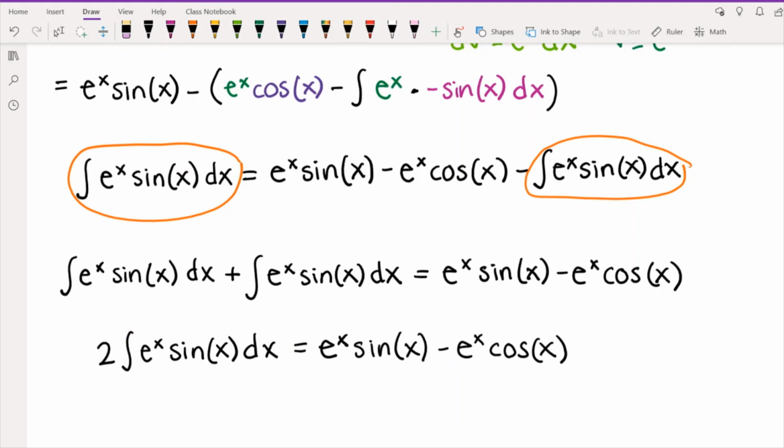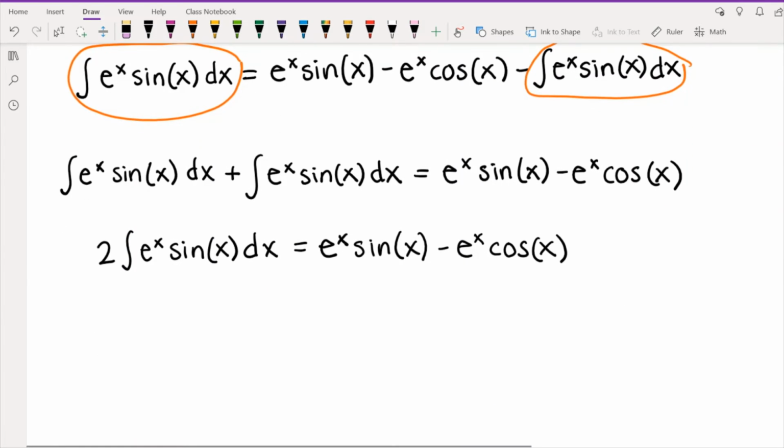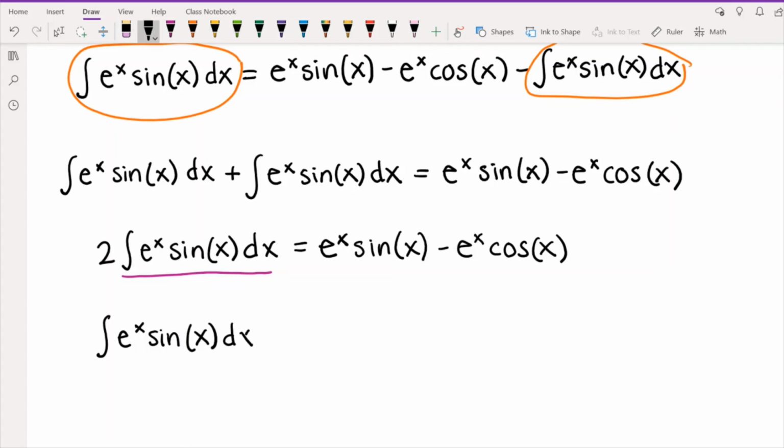So if we just divide both sides by 2, that will allow us to isolate the part that we're actually looking for. So if we divide both sides by 2, we end up with the integral of e to the x times sine of x dx is equal to e to the x sine of x minus e to the x times cosine of x, over 2.